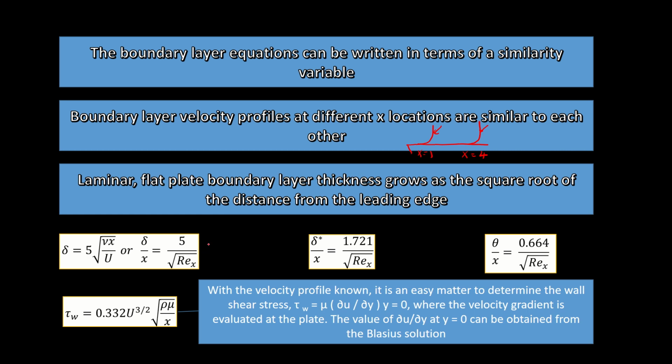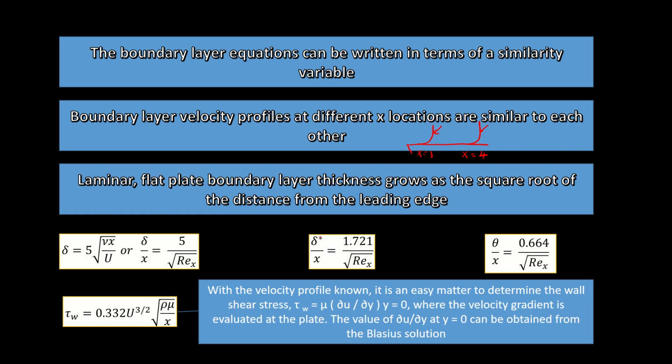In order to find the boundary layer thickness, delta is equal to 5 square root of nu x over U, where nu is the viscosity. It can also be defined as delta over x equal to 5 divided by the square root of Reynolds number x.